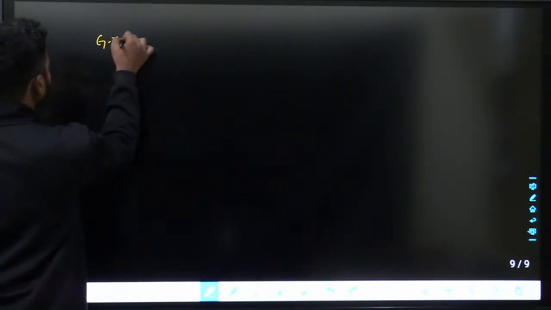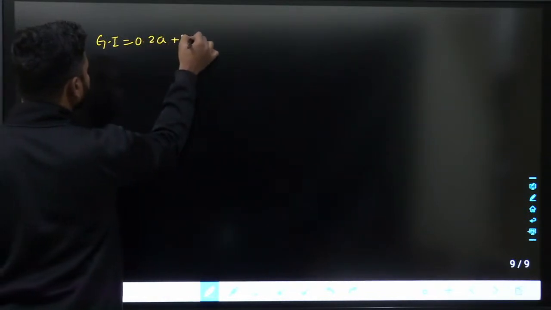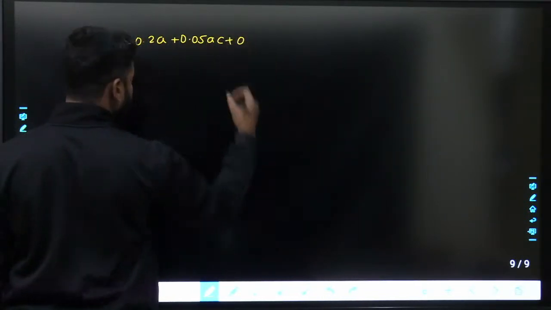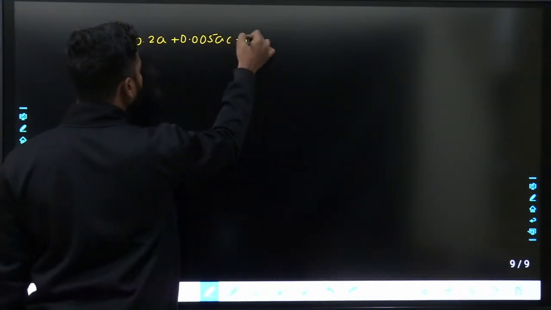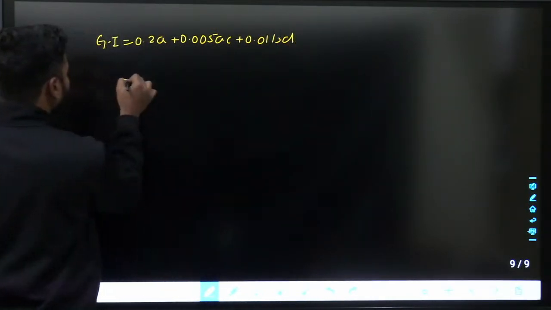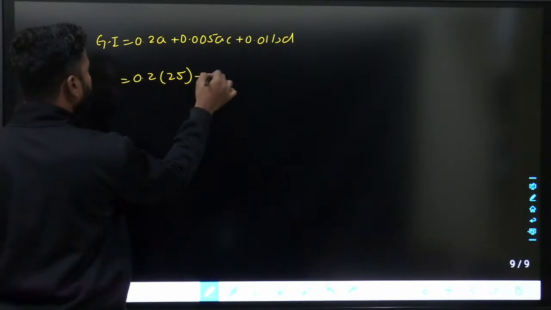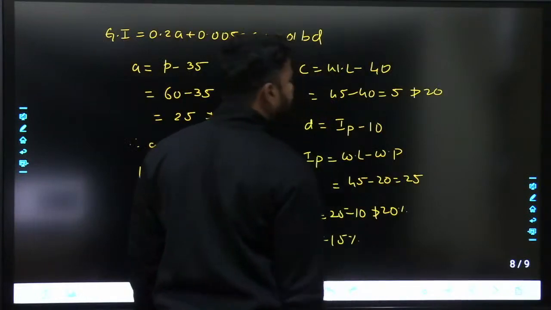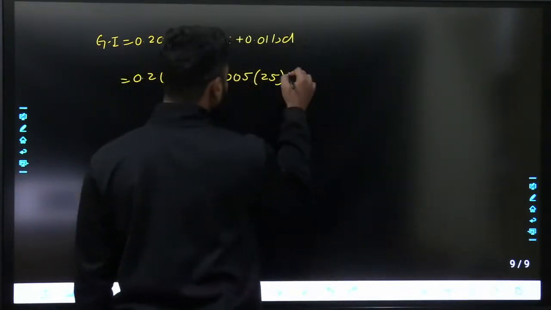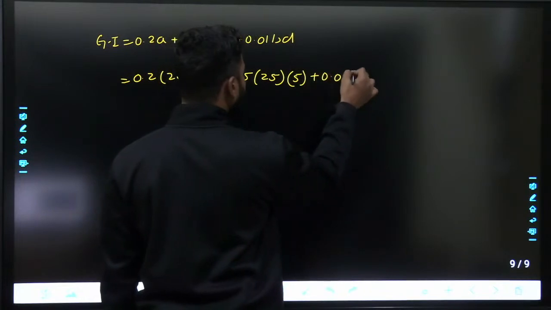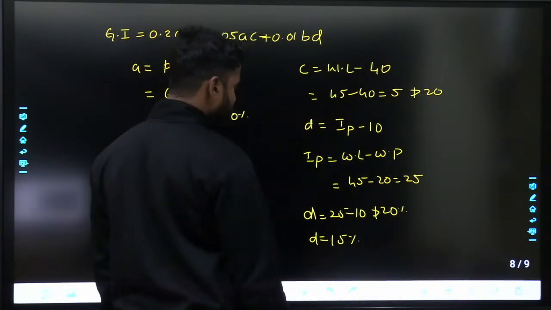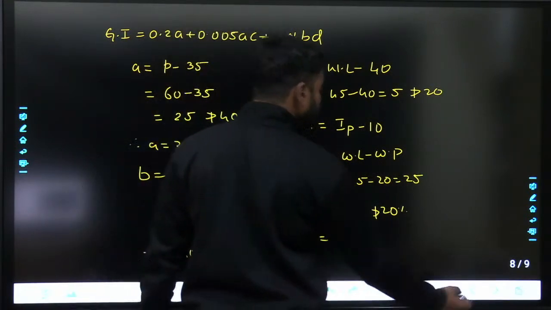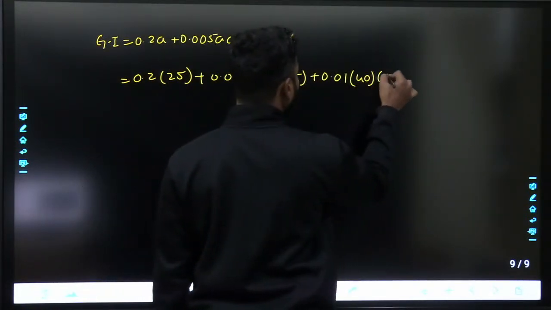Based on this, how will you calculate the group index? Group index equals 0.2A plus 0.005AC plus 0.01BD. So, 0.2 multiplied by 25 plus 0.005 multiplied by 25 multiplied by C. C is 5, plus 0.01 times B, B is 40, D is 15.